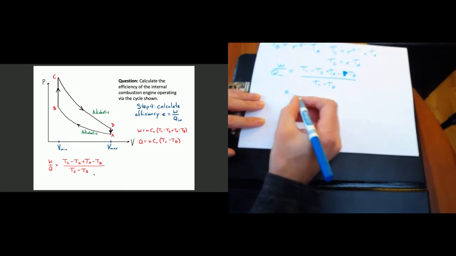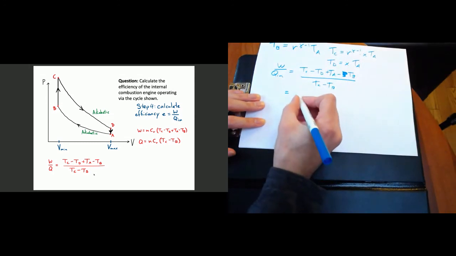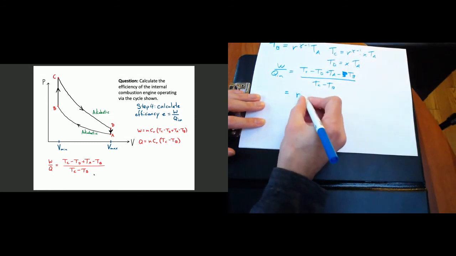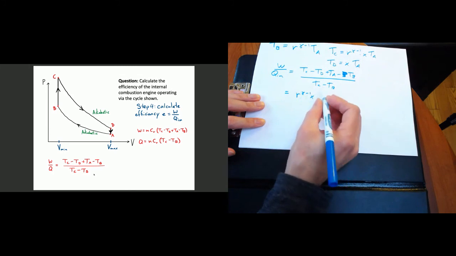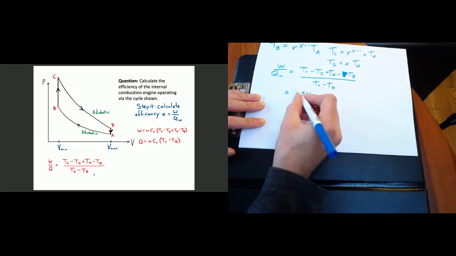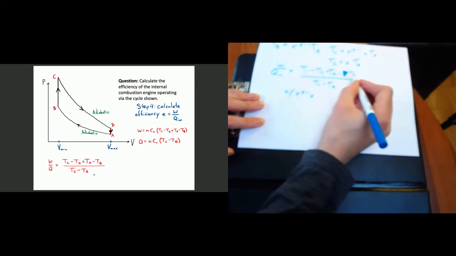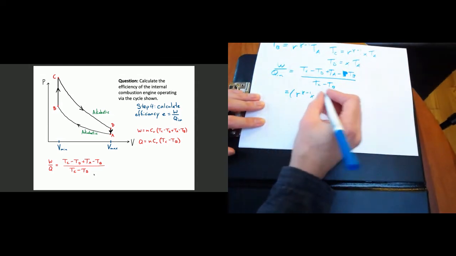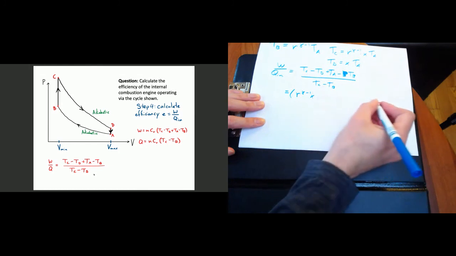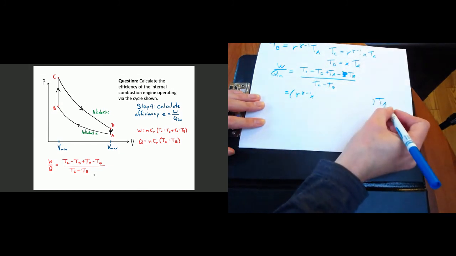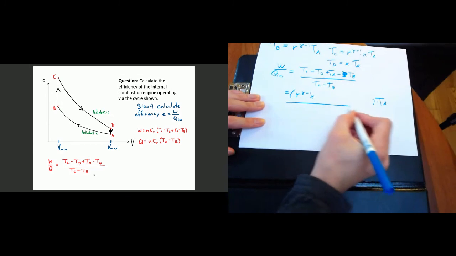And so that, plugging everything in from above, is r to the gamma minus 1 x. So actually what I'm going to do is factor out. Basically all of those have a factor of Ta. So I'll just put Ta outside of everything.